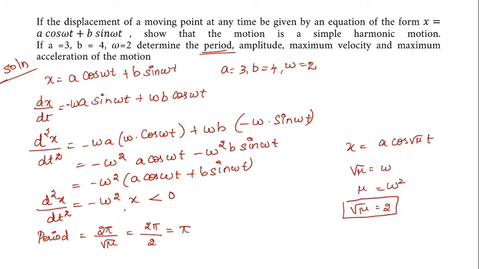Next, we are going to find the amplitude by using the first derivative, by making the first derivative equal to 0. So the first derivative dx by dt equal to 0, which implies minus omega a sin omega t plus omega b cos omega t.